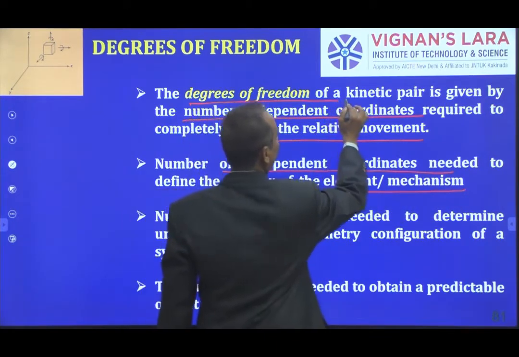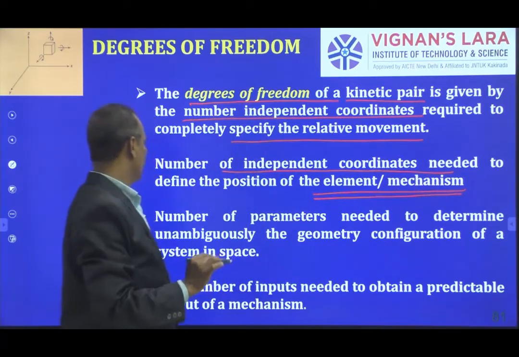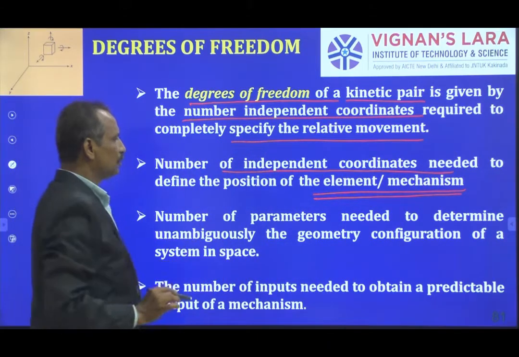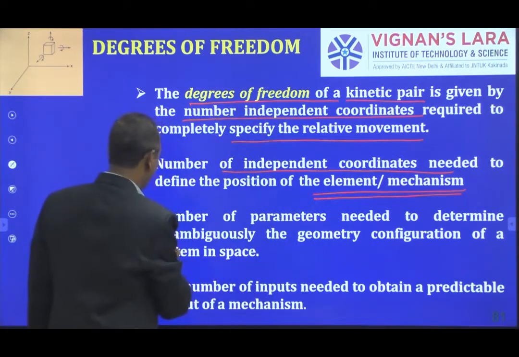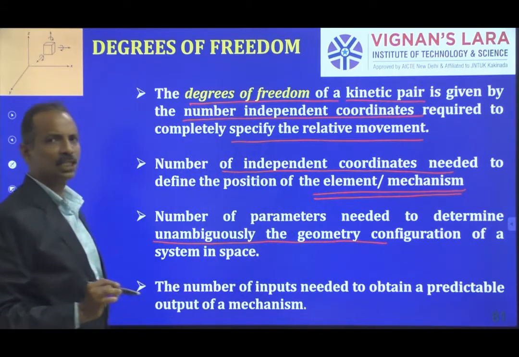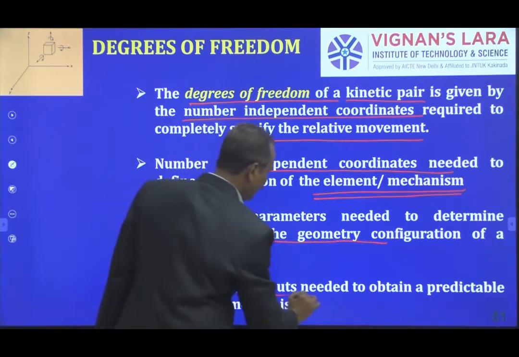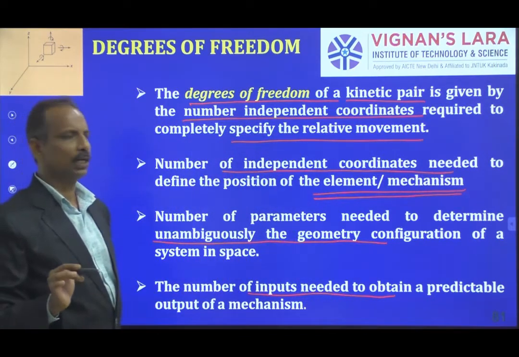Here we said it for a pair, whereas here we said it for a mechanism. Similarly, we can define it as the number of parameters needed to determine unambiguously the geometric configuration of a system in space, or the number of inputs needed to obtain a predictable output for a mechanism.